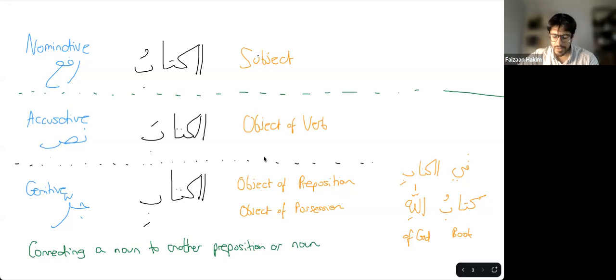Regardless, yes, this is the subject, but let's think of, I want to say the book is, what is the book? The book is open. Al-kitabu, open, is maftuh, the maf'ul of fataha.